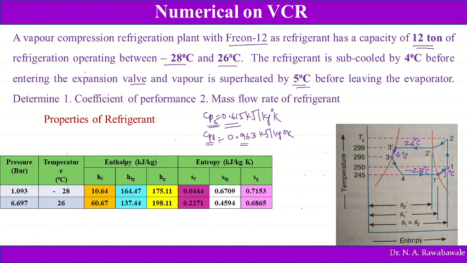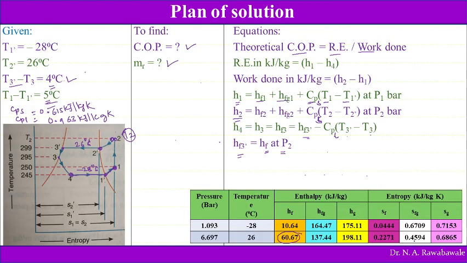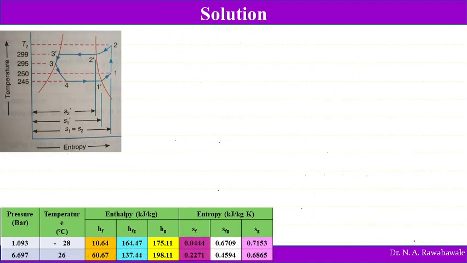Now one more thing is asked in this problem: he is asking us to find the mass flow rate of the refrigerant. So what is given in this problem and what has to be done, that we will see.